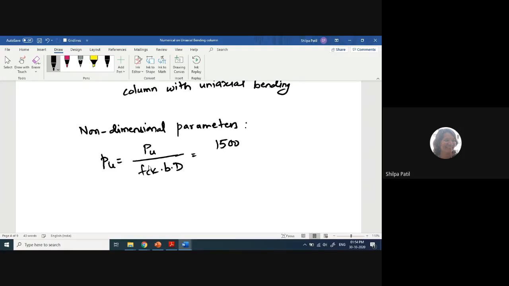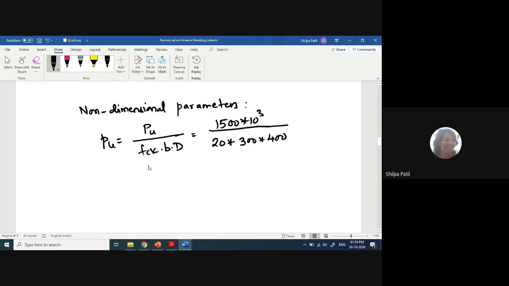This is 1500 divided by fck, which is 20, B is 300 and D is 400. Tell me this value, small pu. 0.625.